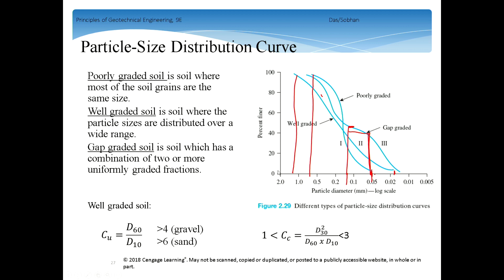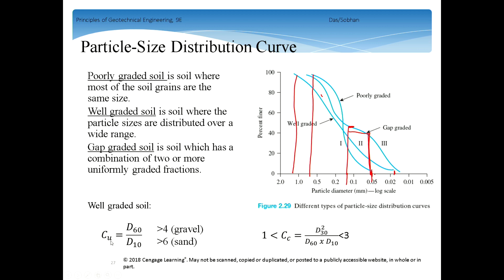In most cases it is difficult to define this just by looking at the particle size distribution curve. So we use CU and CC to define if a soil is a well-graded soil or poorly graded soil. For a gravel, if CU is higher than 4, we say it is well-graded.